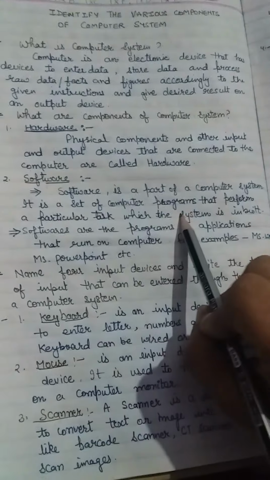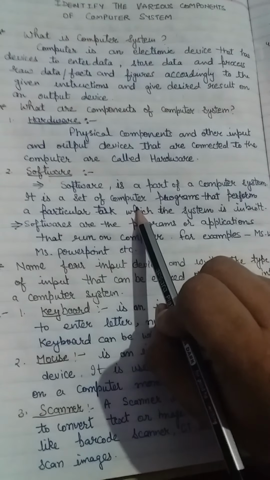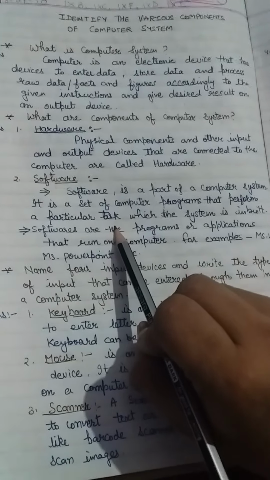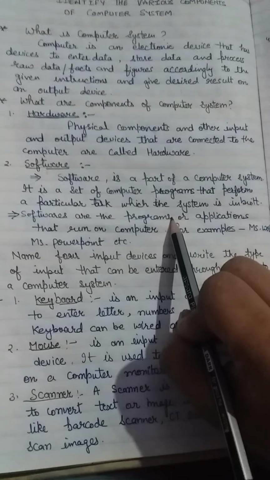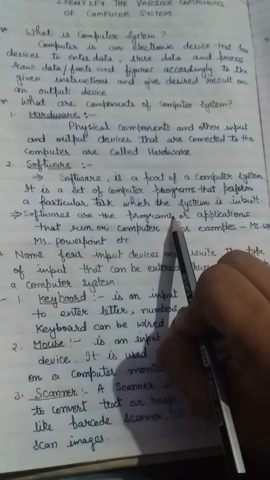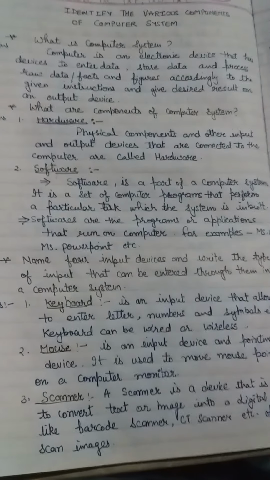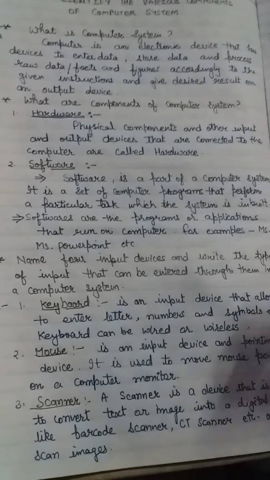Then, what is software? Software is a part of a computer system, a set of computer programs that perform particular tasks, which are built into your computer system. Software programs are applications that run your computer.